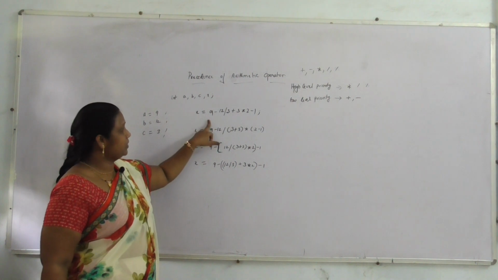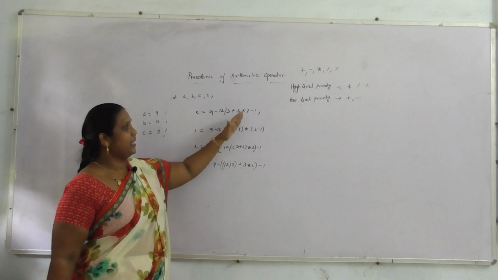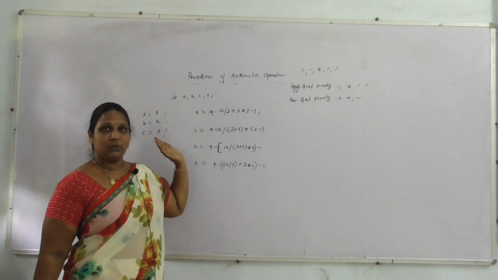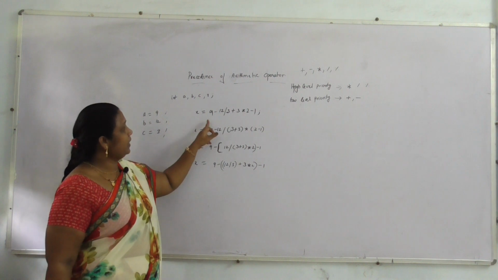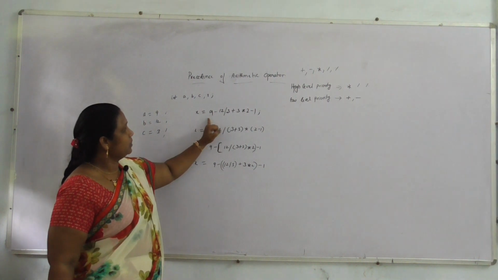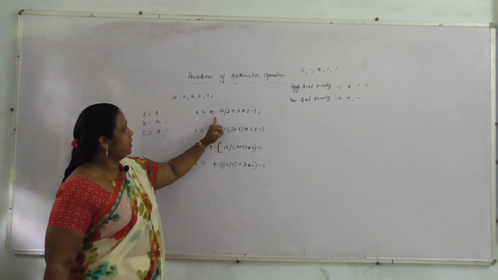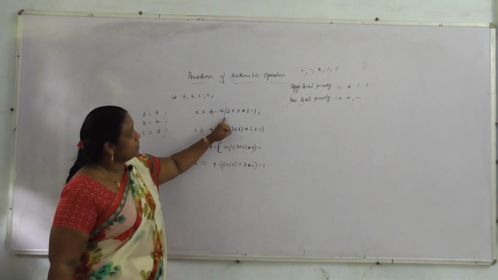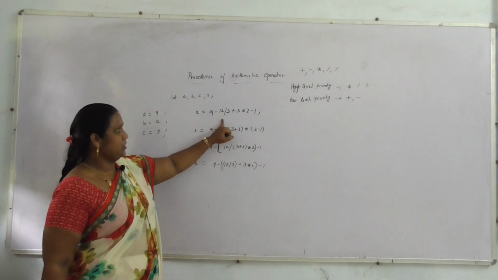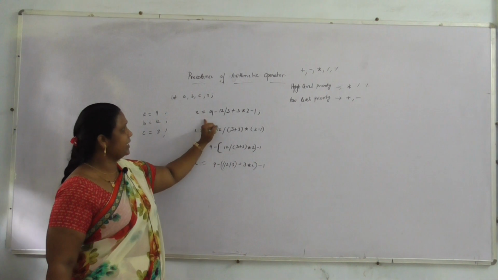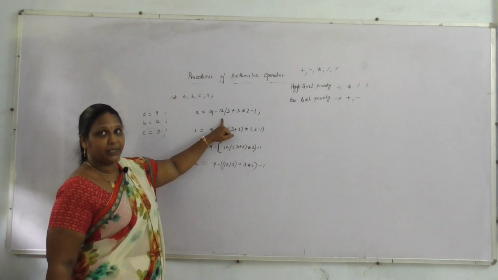In this expression, the computer will evaluate with left to right precedence. Going left to right, which one is the high level? The high level precedence here is divided by.